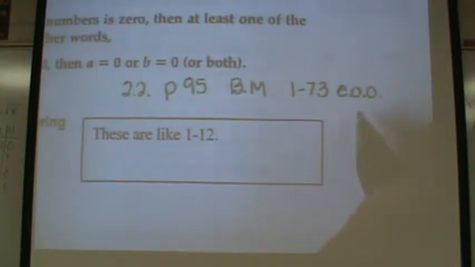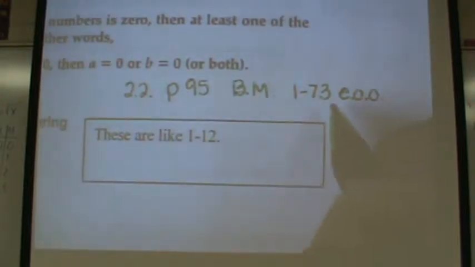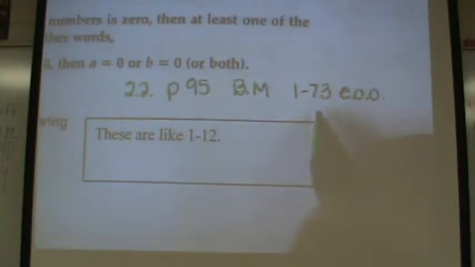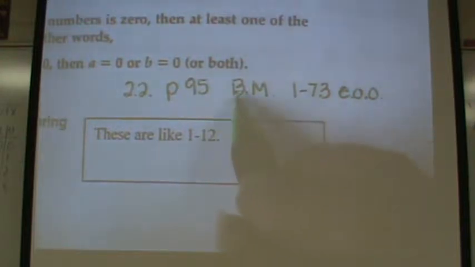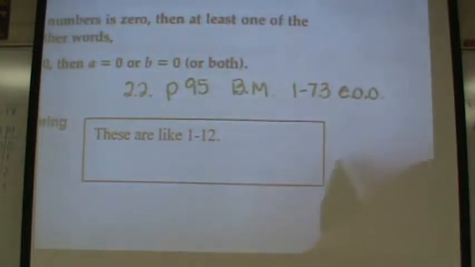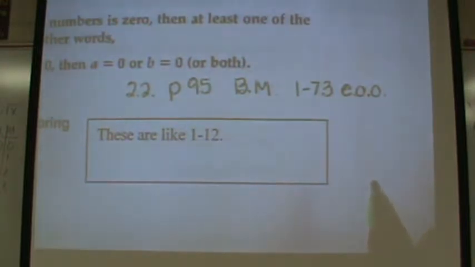Every other odd. So the bare minimum is 1 through 73, every other odd. If you know who you are, if you don't remember factoring, maybe do some more odd ones. Maybe do all the odds in that set. The bare minimum is 1 through 73, every other odd. Everyone's gonna do that for me.